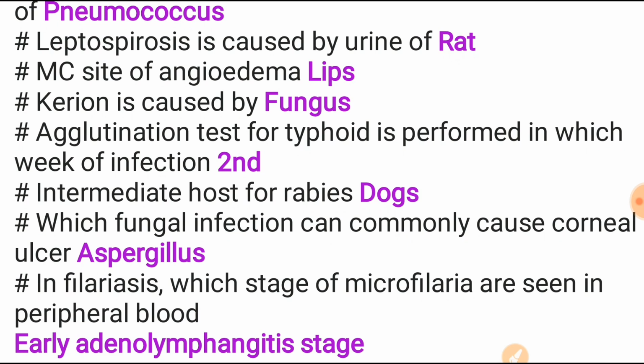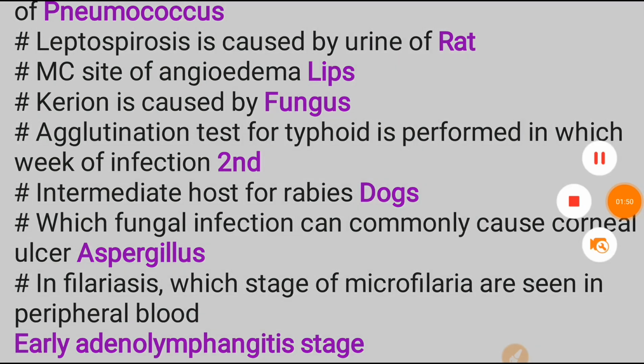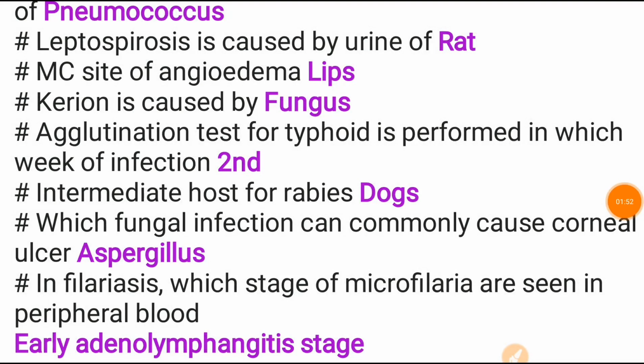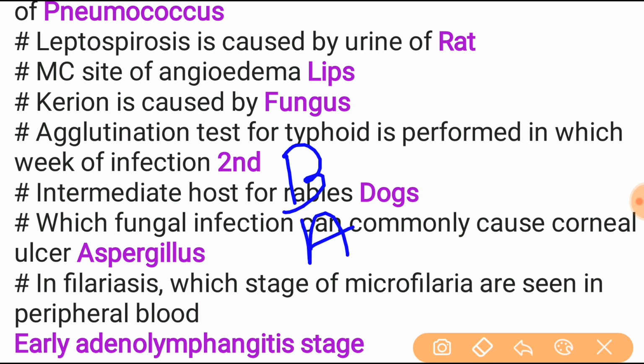Agglutination test for typhoid is preferred in which week of infection? It is the second week of infection. And if you want to remember the diagnosis of typhoid, the trick is BASU.